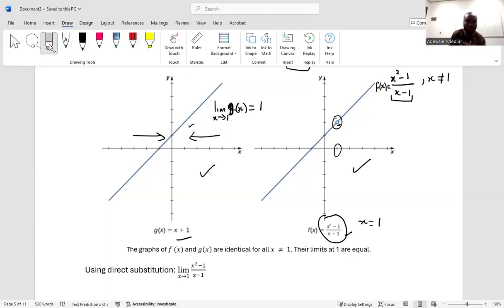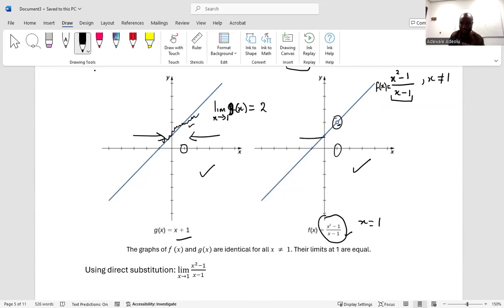It is 2, right? The y value is trying to get to 2. The y value here is trying to get to 2 on both sides as we are trying to approach this point, x equals 1.